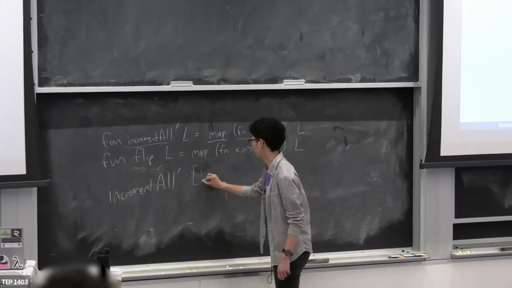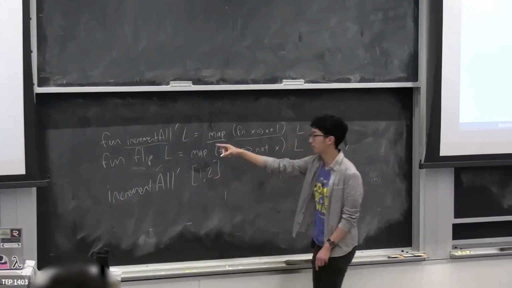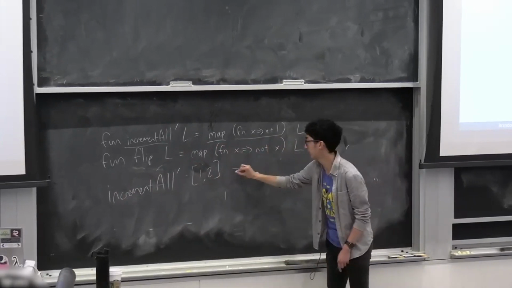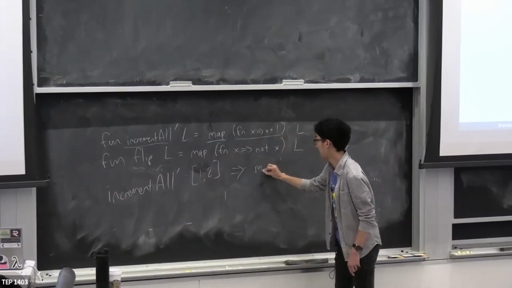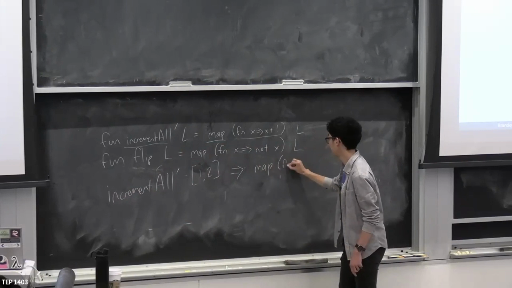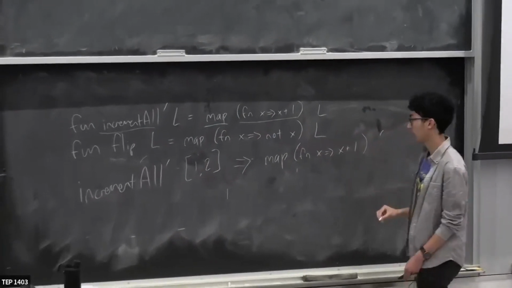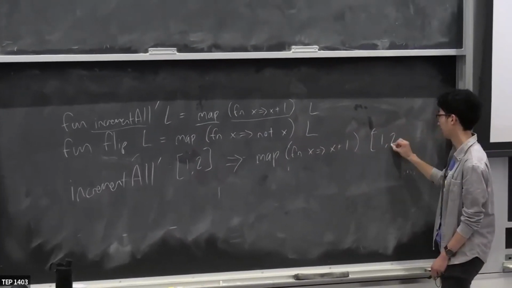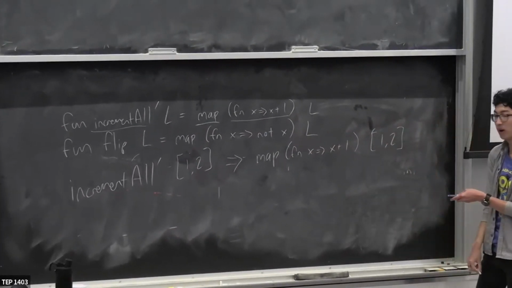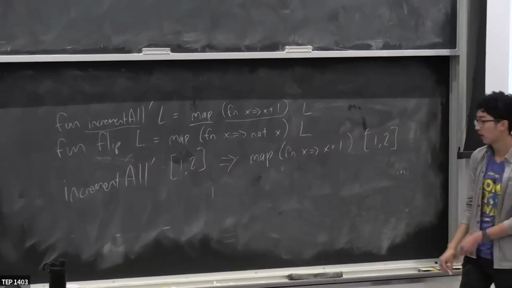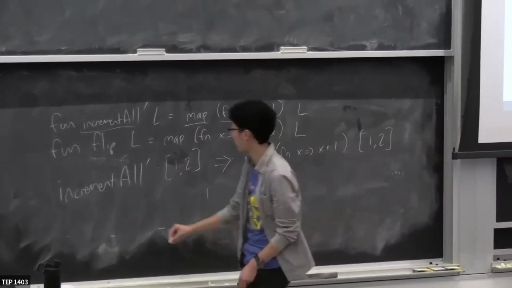given 1, 2? Well, let's unpack the definition. So this would step to map. I should have picked a lambda. I wouldn't have to write out explicitly every time, and then given 1, 2, right? So this is what increment all given 1, 2 is. But let's use this one. What about that one?